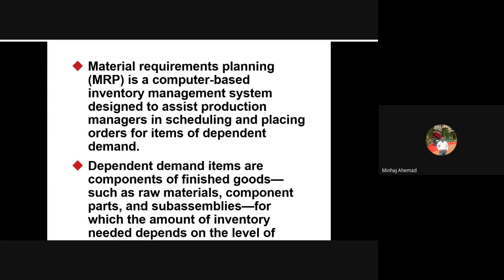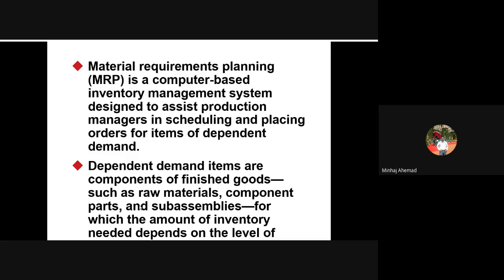Dependent demand means that demand for the item is directly related to the demand for some other item, usually a final product. The dependency usually derives from the fact that the item is a component of the other product. Components, parts, raw materials, and some assemblies are examples of items subject to dependent demand.